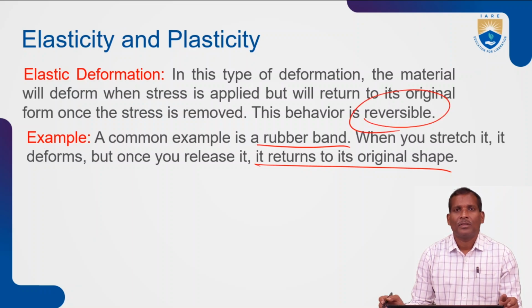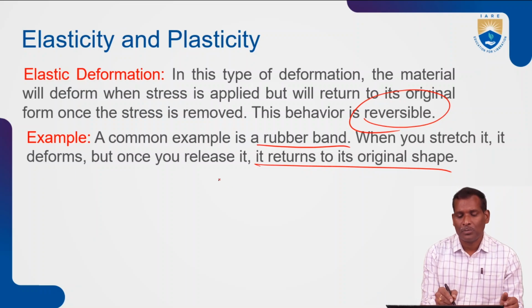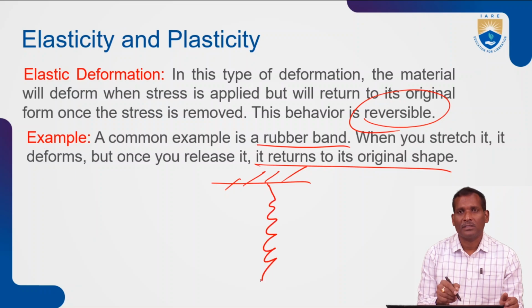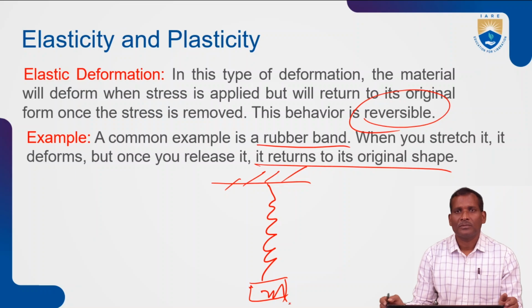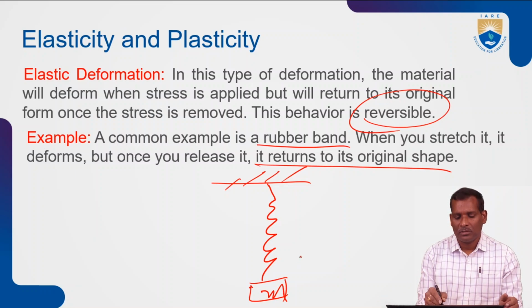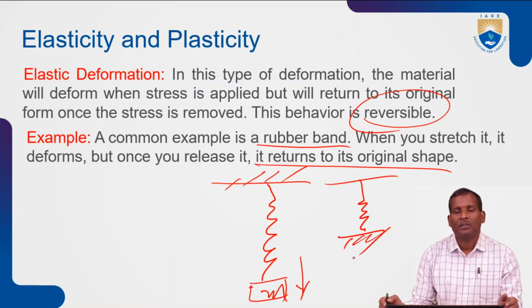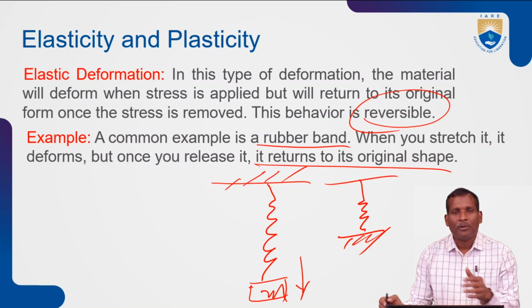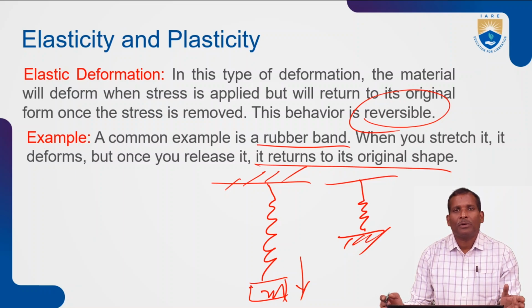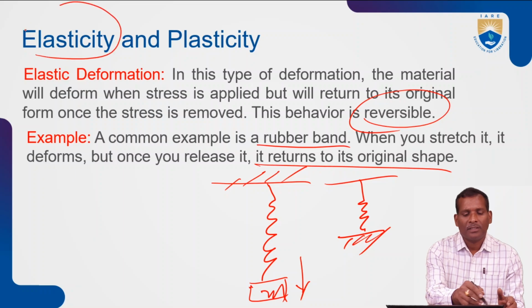Example: rubber band. One more example is a spring. Suppose a spring is connected to a mass, which always acts downwards. Whenever you remove this mass, the spring regains its original shape. This type of phenomenon is known as elasticity.